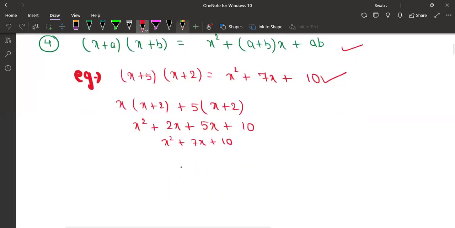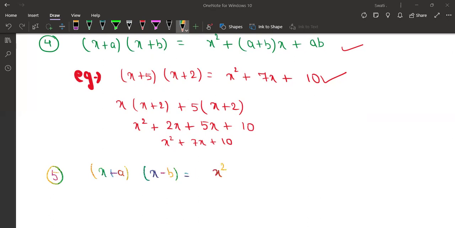All right, let's go to the next formula, which is formula number 5. It's the same formula with a different sign. So here I'm going to write down x plus a into x minus b. First of all, let me tell you that x square, and then the other part is going to be similar.